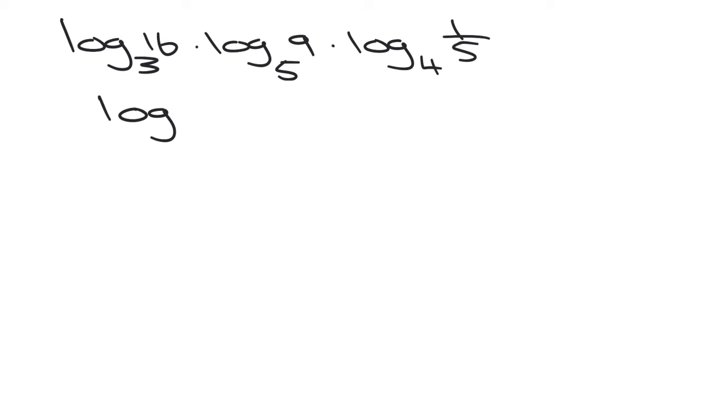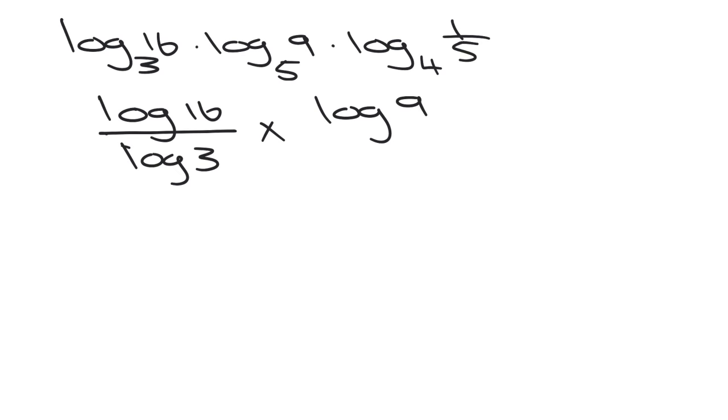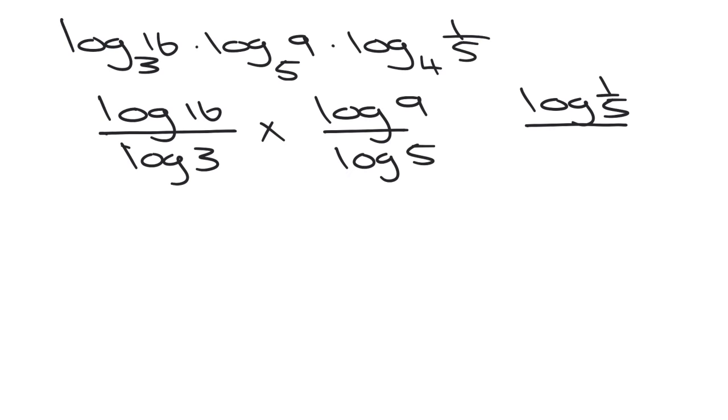So we have log of 16 divided by log of 3. This would be multiplied by log of 9. Let me just write this out. So we're going to change the base, and at the bottom here we're going to have log of 5, and there we'll have log of 4.